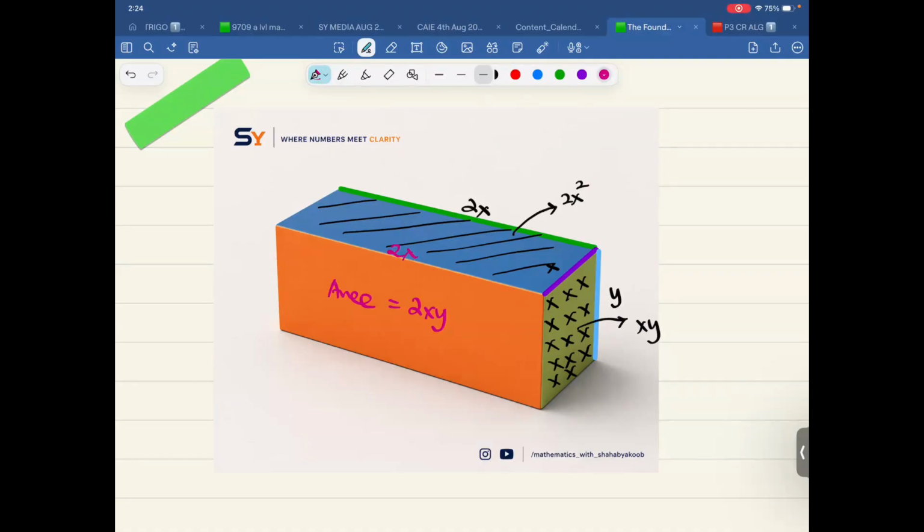And there are 6 such faces. There is this top, then there is the bottom, the right wall, a left wall over here, and then this is the front and there is the back. Keep that in mind. It's a rectangular block and it has got 6 faces.